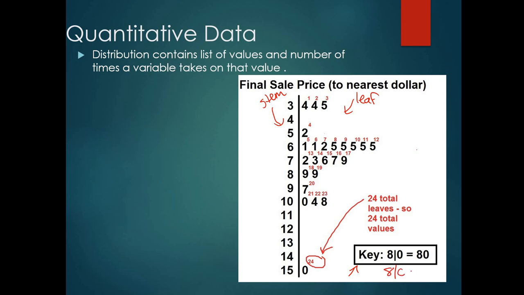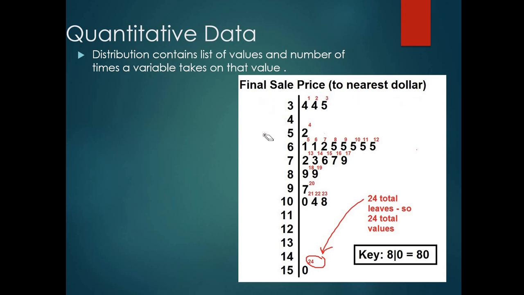Because I could, without a key, assume that it was the 8, the line, and the 0 represents 8.0. So without the key, I don't know, is this 34, 34, 35? Is it 3.4, 3.5, or is it something like 34,000? So you always need your key there as well.